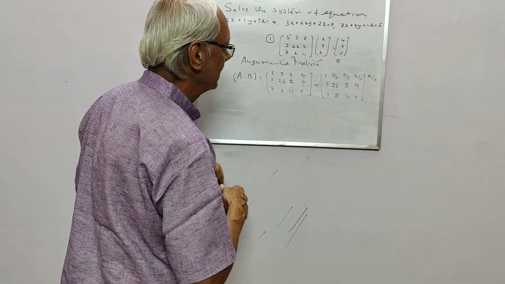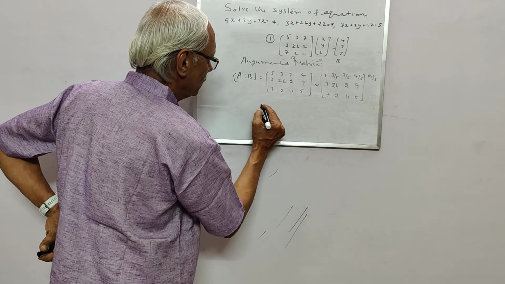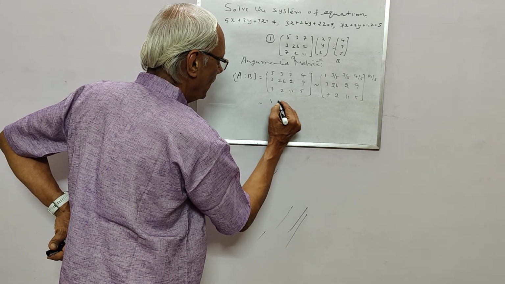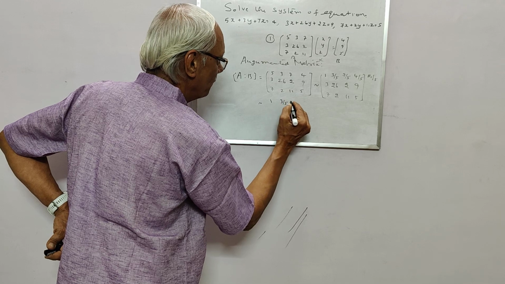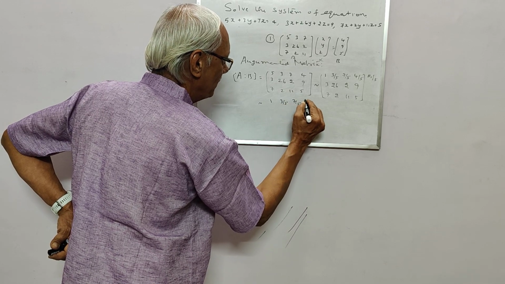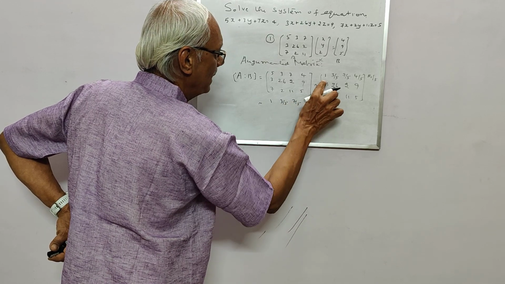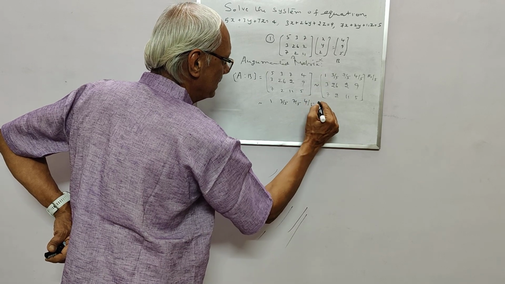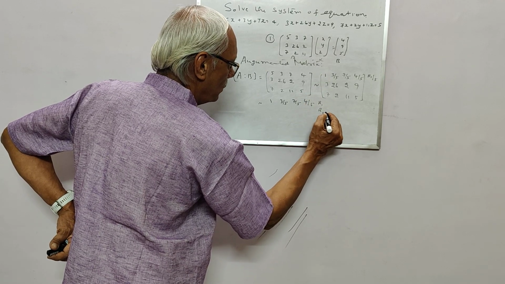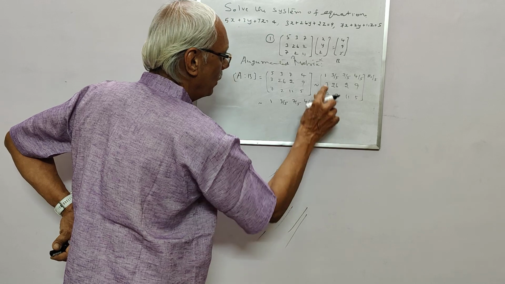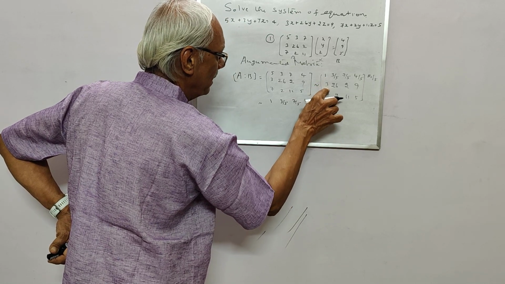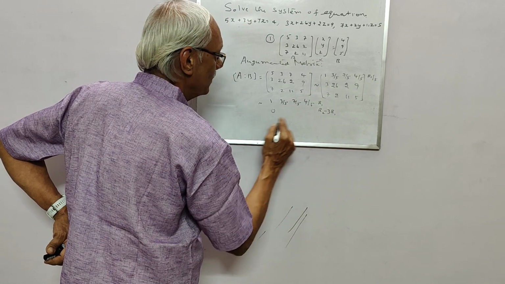So what will you get here now? This will be 1, 3 by 5, 7 by 5, 4 by 5. See, this is R1. Then R2 minus 3R1: multiply R1 by 3 and subtract. You will get 0.